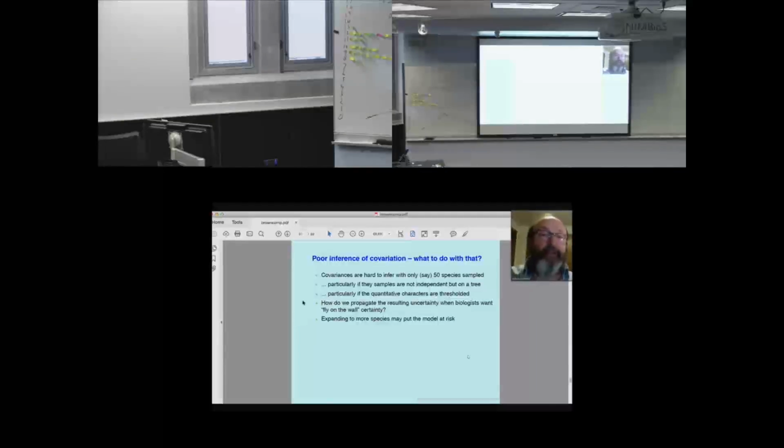As you expand to more species, you're bringing in other groups nearby. They have somewhat different biology. The biology of those same characters in those other species starts to differ. And so the model starts to be at risk.